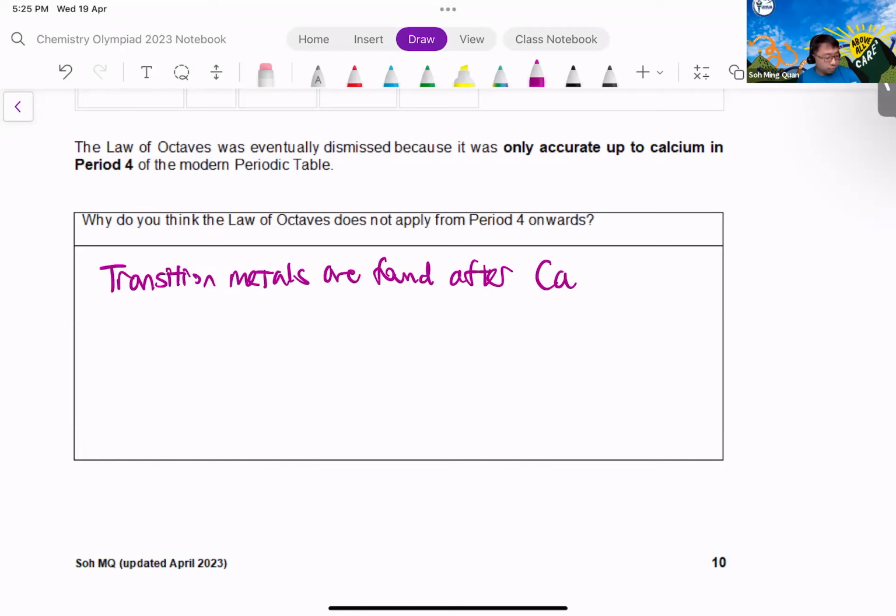Now, this is a short answer to it, of course. But you can go deeper and say that transition metals are found after calcium, and therefore the eighth element will no longer be found in the same group as the first element. All right. So I hope you realize that the modern periodic table didn't come out of the blue. It's the accumulation of efforts and results from many people.